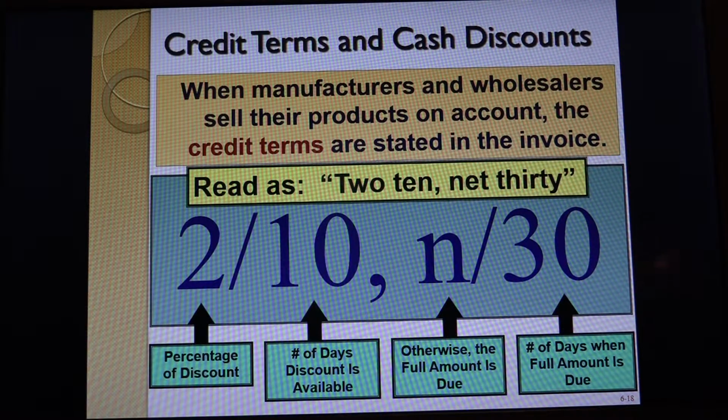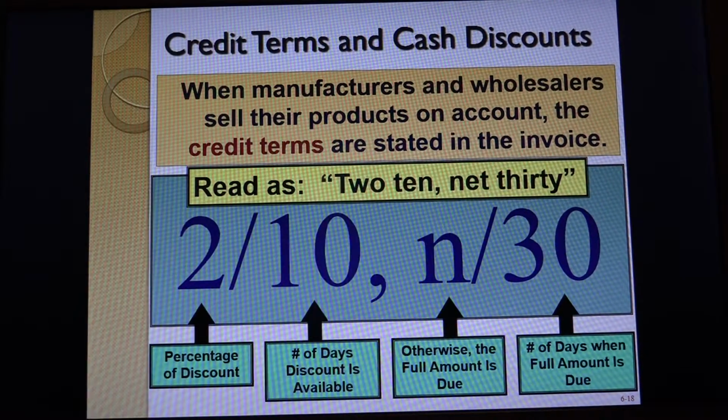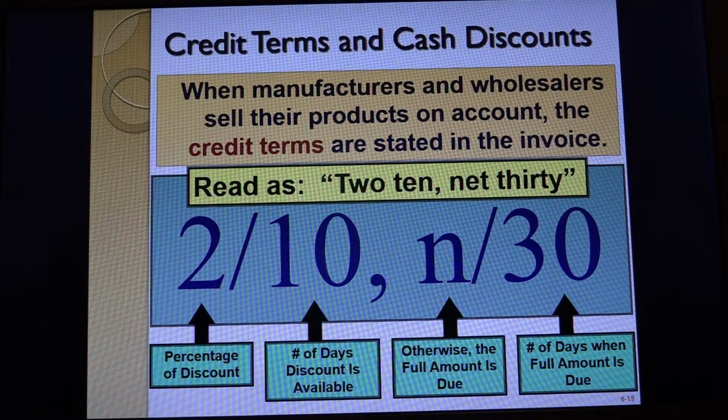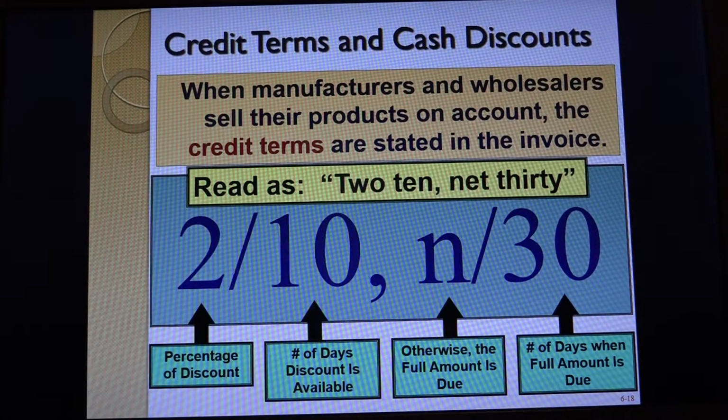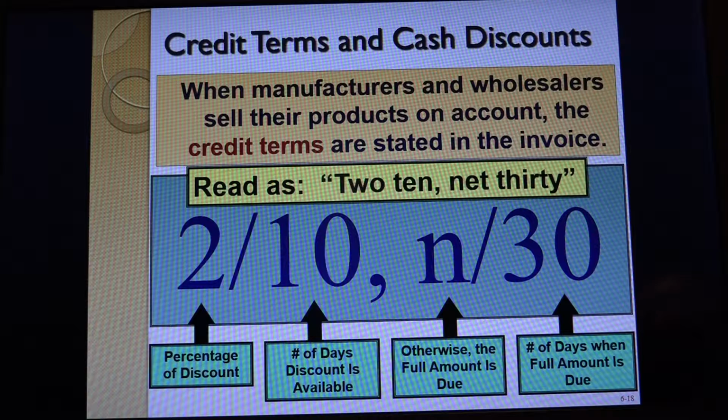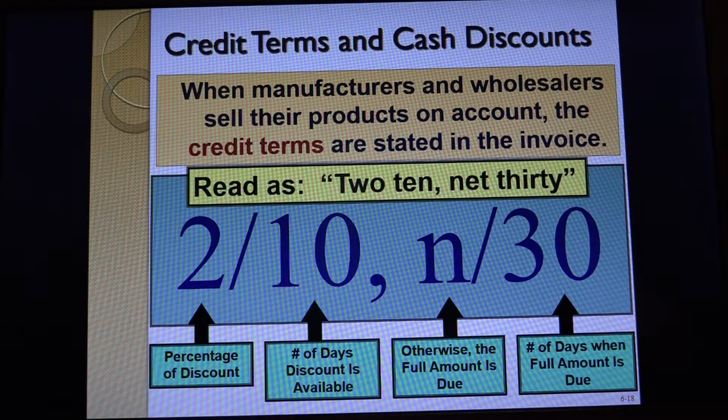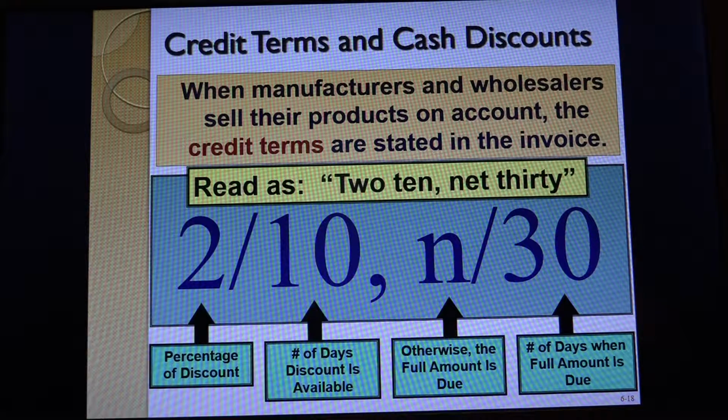Let's talk about credit terms and cash discounts. Now, as I told you not too long ago, most business-to-business sales are made on some sort of credit terms.